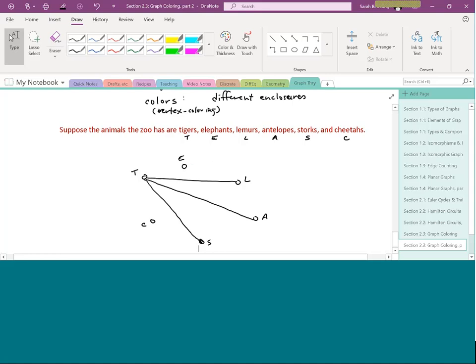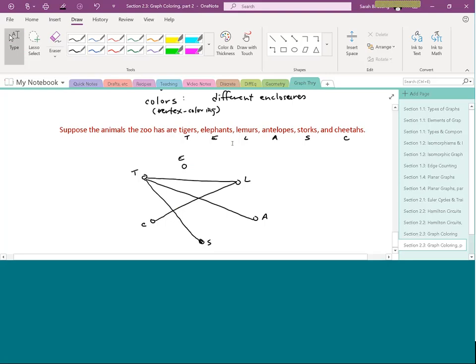Now, if we move on to the lemur or the monkey, we're probably not going to have to worry about the lemur or the monkey eating any of these other animals, but do we have to worry about the lemur being eaten by any of the animals? Nope, we already had the edge between the lemur and tiger. Yeah, I would worry about the cheetah as well. So one of the ways that you can do this, if you're worried about your animals getting eaten or not working out with each other, is to go for the animals that are the stereotypical predators or actually are the predators.